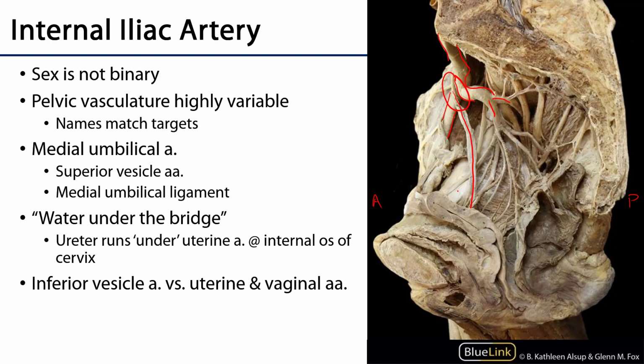So as long as you follow the vessel to its target, you can usually have some sense of what you're looking at. Now, with respect to the blood supply to the urinary bladder, there are going to be superior vesical arteries and inferior vesical arteries. The superior vesical arteries are probably the most straightforward examples of a branch of the internal iliac artery as we can get.